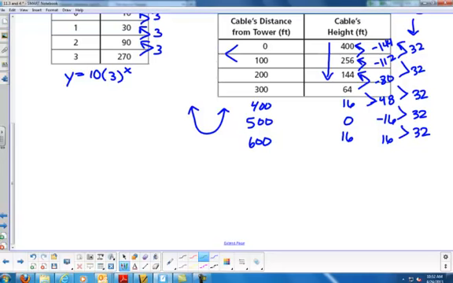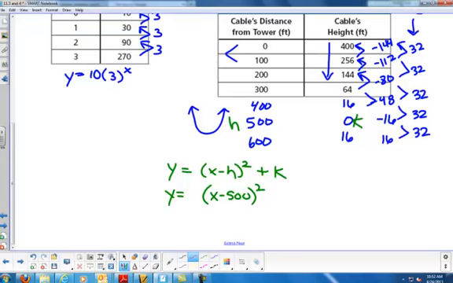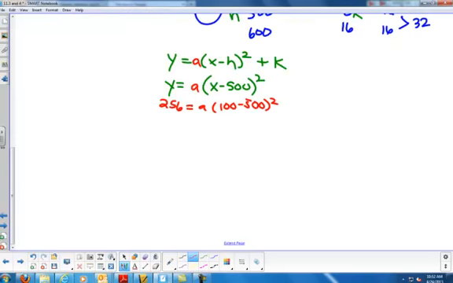All right, remember vertex form. y equals a times x minus h squared plus k. So this is our h, this is our k. So x minus 500 squared plus 0, I'm not going to bother putting it, equals that. I still don't know a. Should have put that in there. So I'm going to pick a number, 256 and 100, to figure out what my a is.